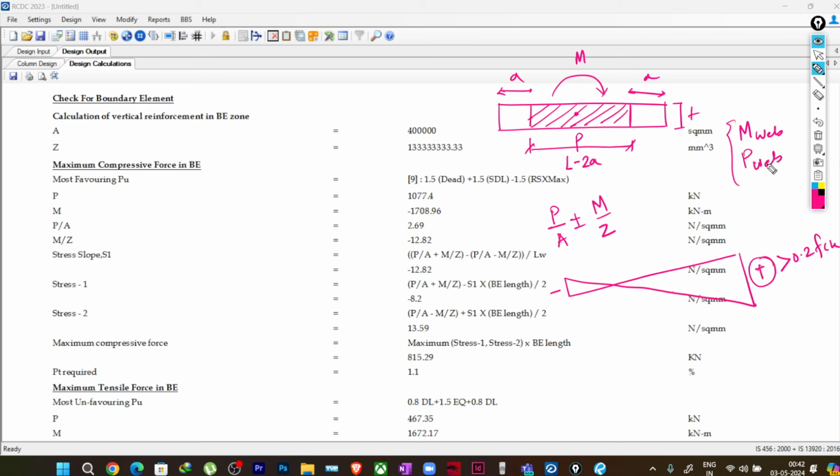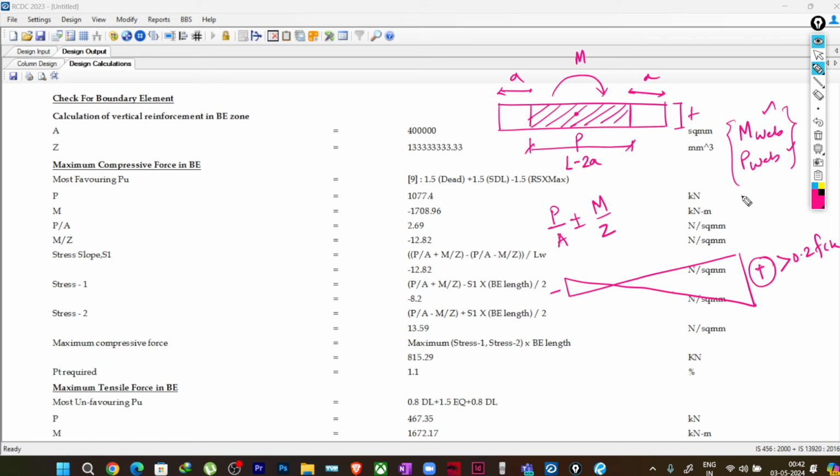Whatever P we get from area proportioning, we can find how much P this particular web area will be taking. So it is my P web, actually not the capacity, we find it from the area proportioning. So we got the M web and P web, which means this is the amount of force that this web part will be taking.